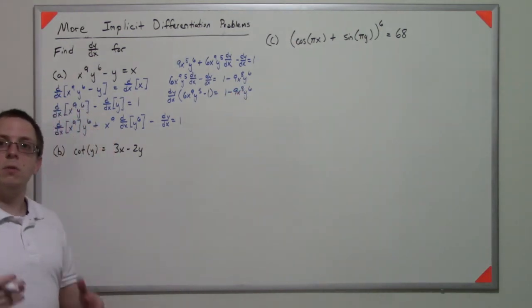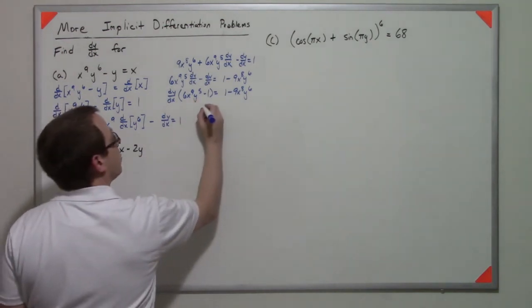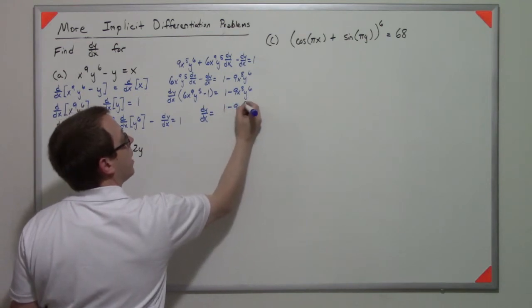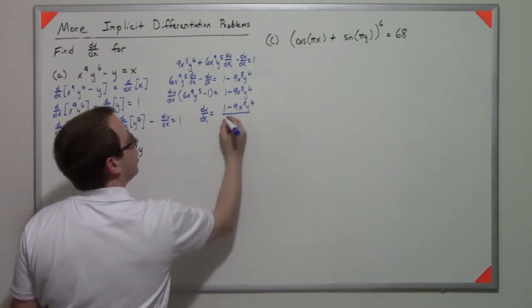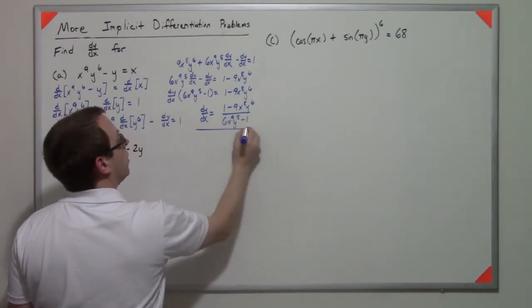And then we divide this term on both sides. So we have dy dx equals 1 minus 9x to the 8th, y to the 6th, over 6x to the 9th, y to the 5th, minus 1.